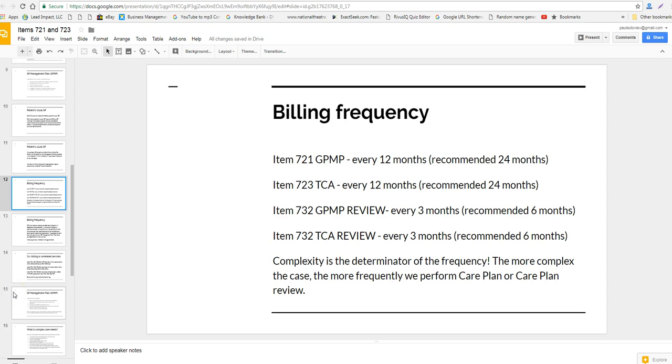Who determines the complexity of the case? A GP. This is a pure clinical judgment by a general practitioner.